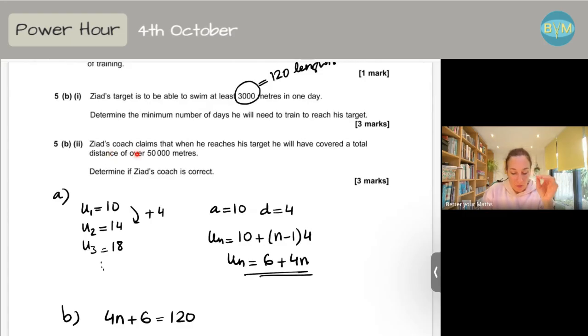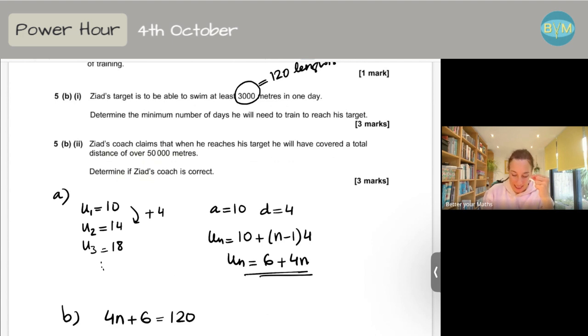Then Siad's coach claims that when he reaches his target, he will have covered a total distance of over 50,000 meters. Determine if Siad's coach is correct. How can I check that? Can you type in the chat, please? You are super quiet.